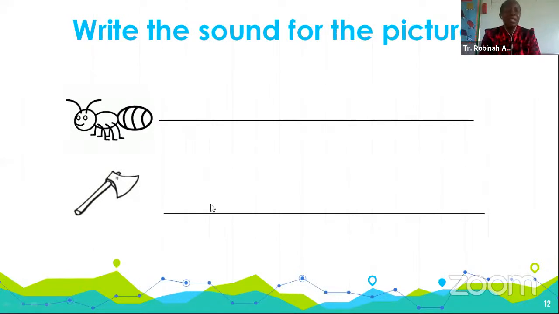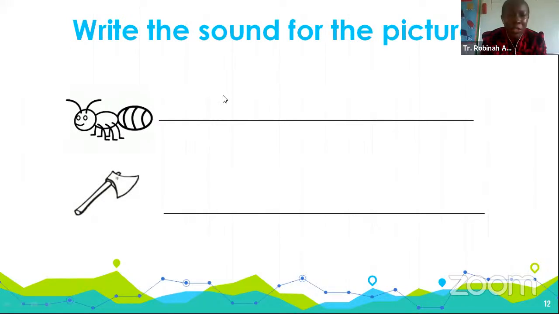Elion and Michael, axe begins with which sound? That is letter A, but what sound? Don't forget we are talking about sounds. Very good. Axe begins with the sound A.